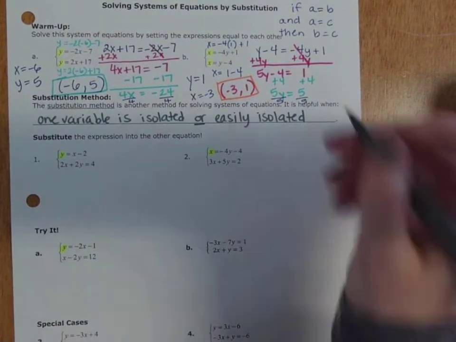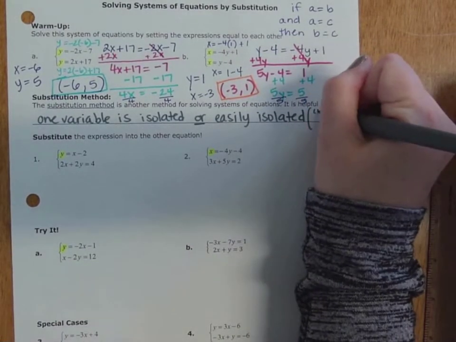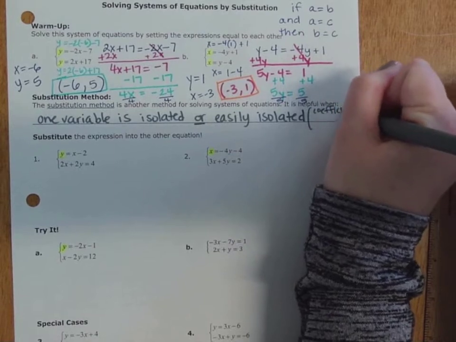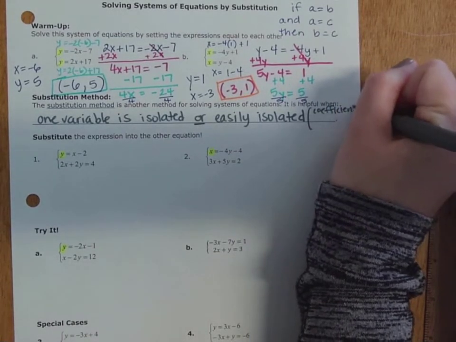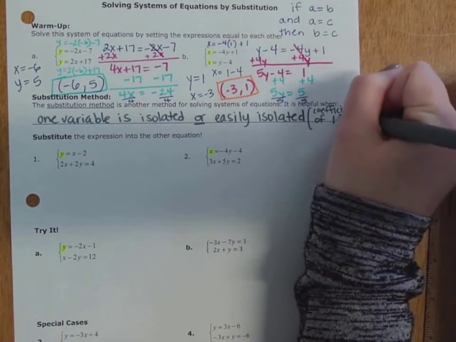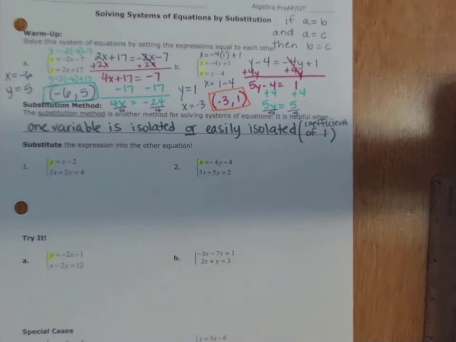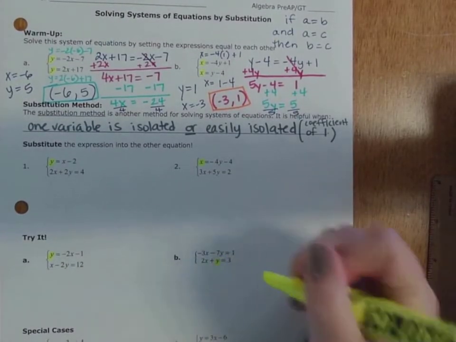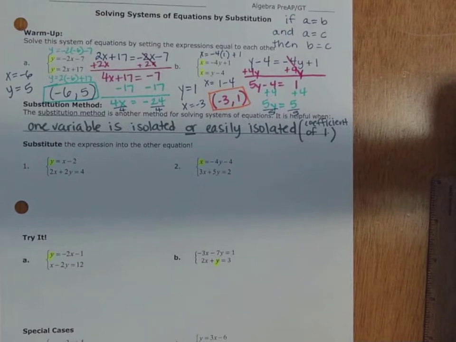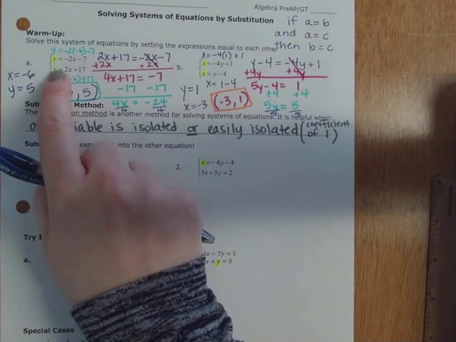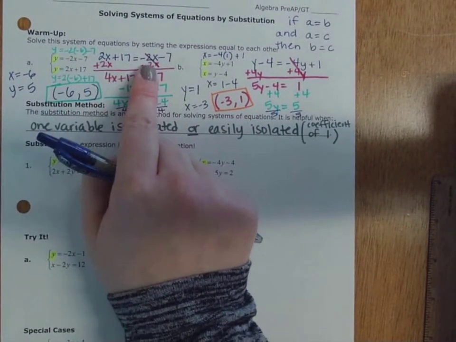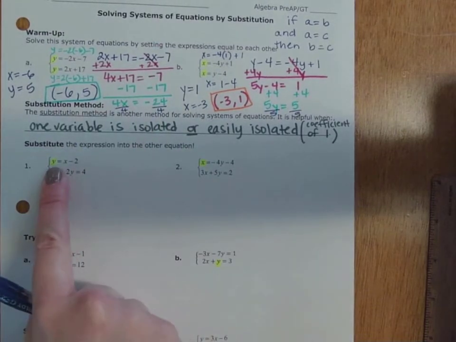If it is something with a coefficient of 1, we can easily isolate it. It would be Y. Whereas both of these were isolated, we just had to set them equal to each other. Here, we only have one isolated variable.